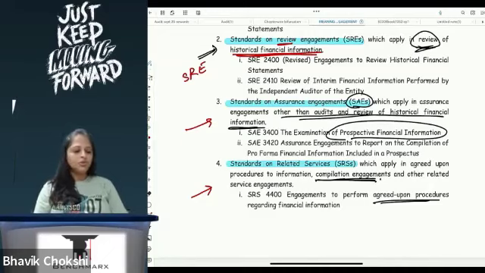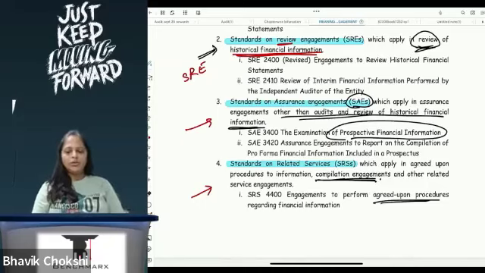Below that write down no assurance given, only assisting client on, with a different color pen write down compilation engagements slash agreed upon procedures, in the bracket write down AUP.